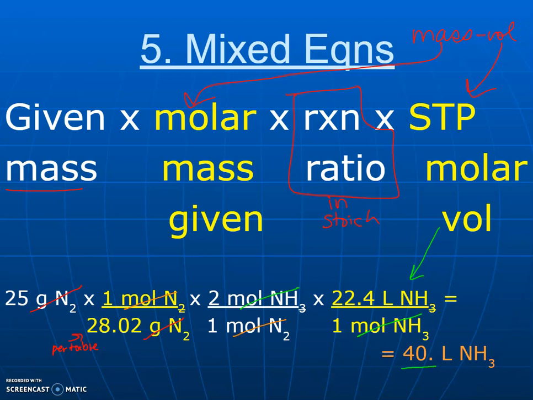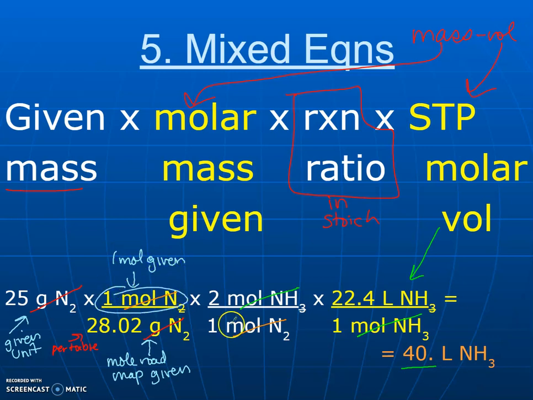Now, pro tips, things for you to remember. You will always start with your given unit here. Whatever part of the mole roadmap you need in order to convert it goes on the bottom. 1 mole in your numerator of your given up top. You'll notice it's always 1 mole up here.